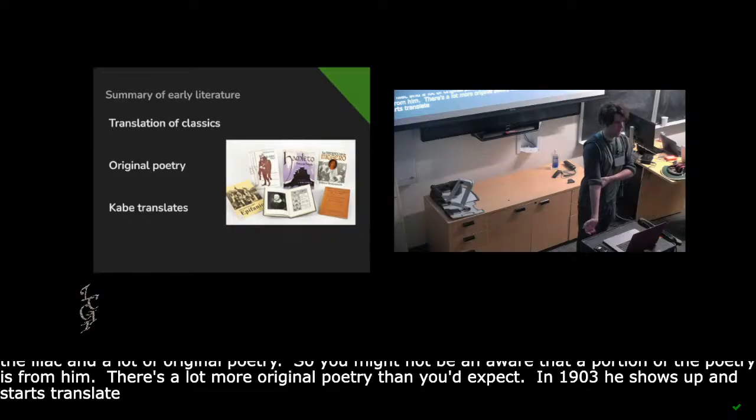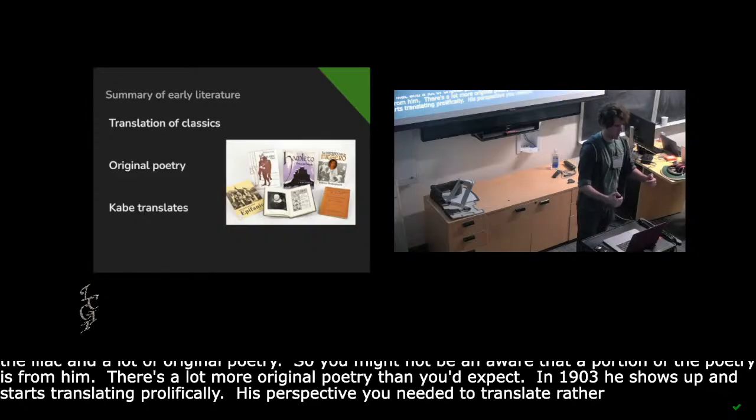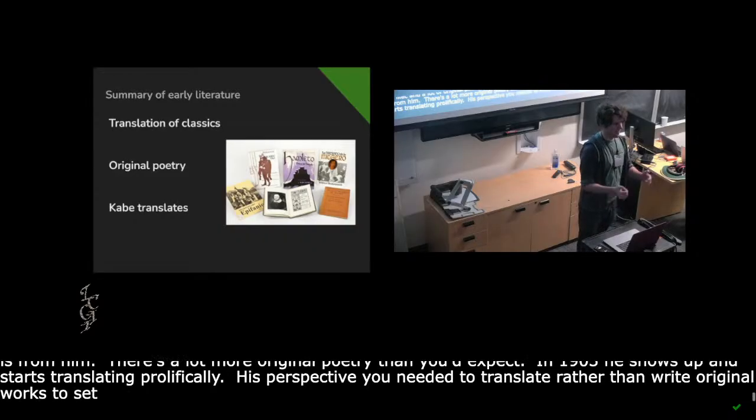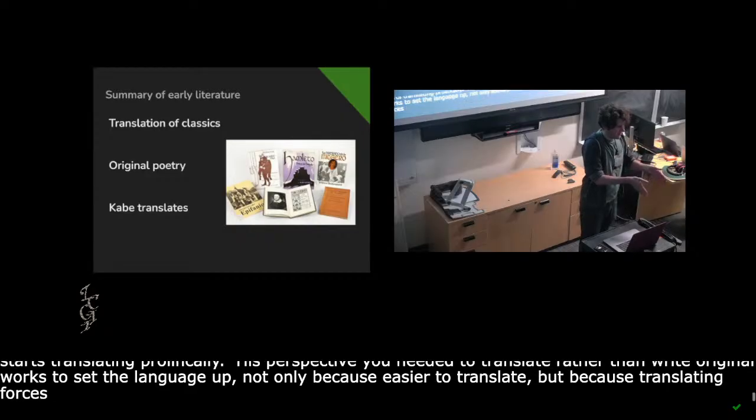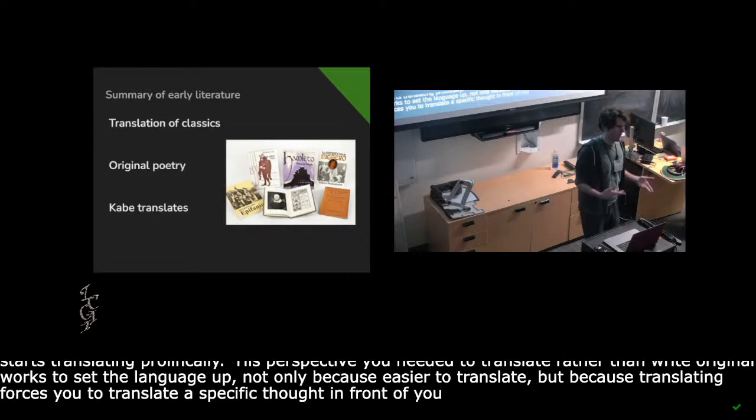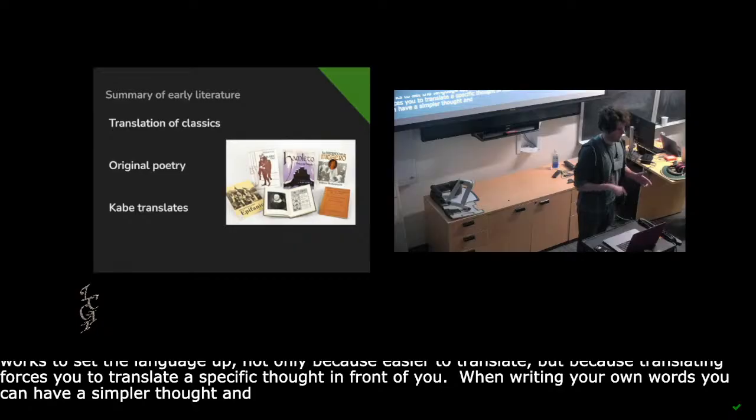And his perspective was that you needed to translate rather than write original works to set the language up, not only because it's easier to translate than write original works, so you can get a lot more text out, but because translating forces you to actually translate a specific thought that is in front of you. Whereas when you're writing your own works, you can just have a simpler thought to express, and you can kind of get around the lack of idioms and the lack of vocabulary just by not including those things in your work.